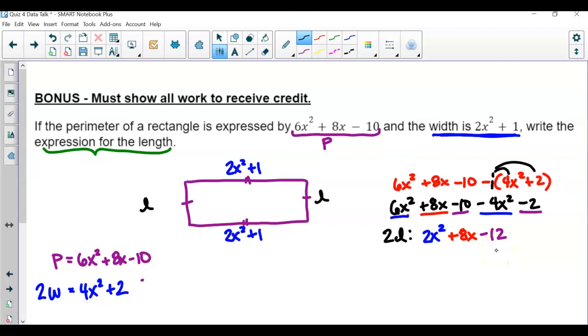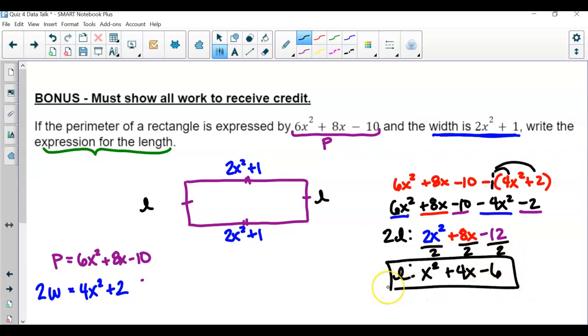So really, I need to halve this. So really, the length is x squared plus 4x minus 6. That is the final answer. X squared plus 4x minus 6, meaning that this side here is also x squared plus 4x minus 6.